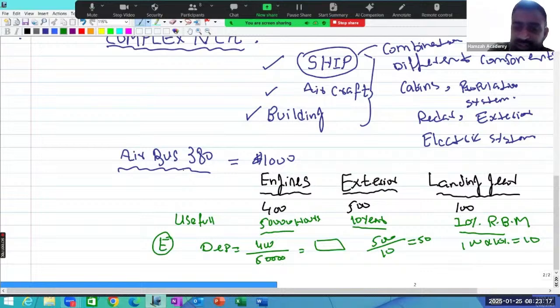And this is known as a complex non-current item, and this is the concept of treating the complex non-current item. You got the idea?